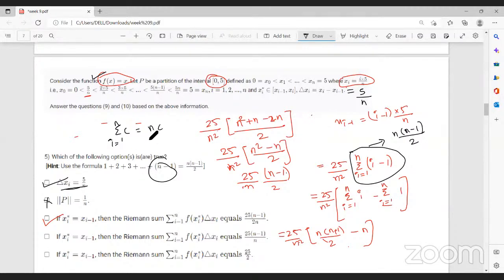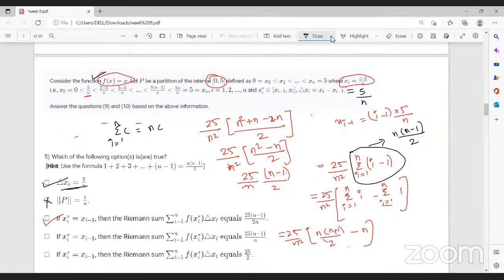This is not given to you, so both the things are correct. I have to simply expand this summation inside the bracket. We are adding till n minus 1, and the same thing we are doing here. So it will be n into n minus 1. Now if you simply put, n will get cancelled, and you will get 25 by 2 and n minus 1. Same answer you will get. In the place of n, we have to put n minus 1, then we will get the formula.